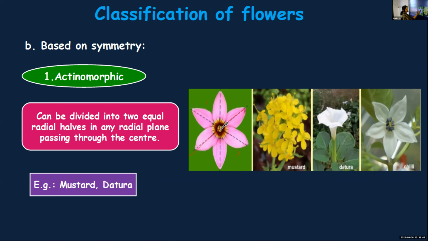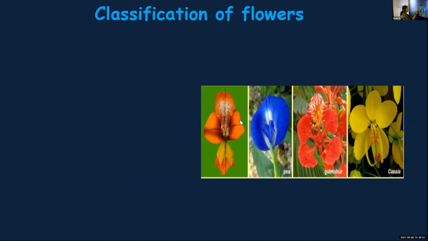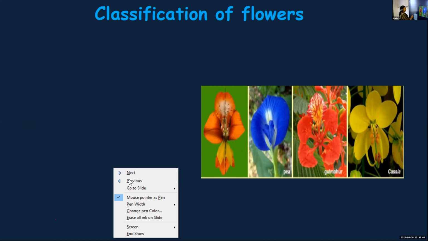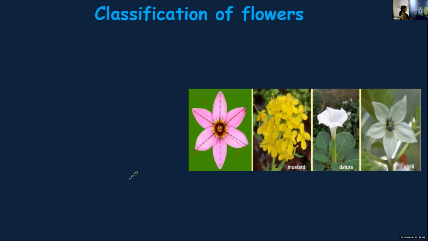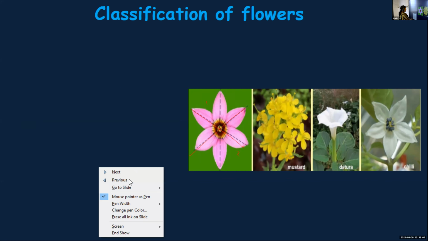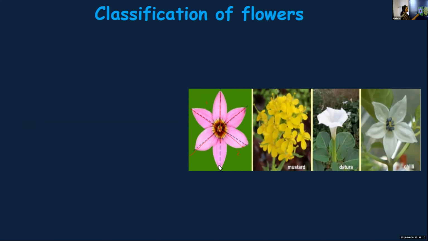Even if you cut it in this way or like this, you will get two identical halves. So if you cut the flower in any radial plane passing through the center, you will get two identical halves.